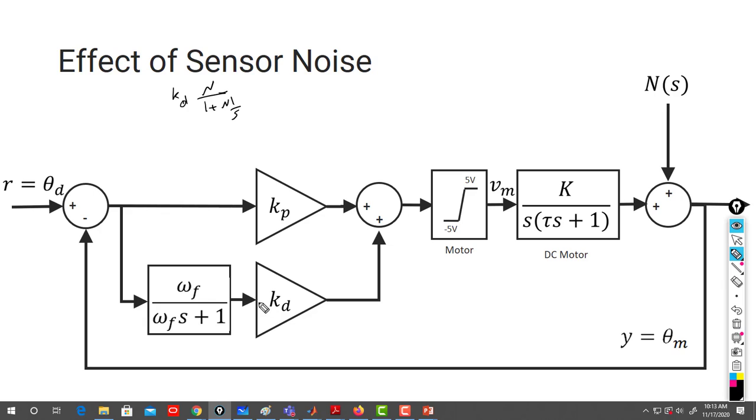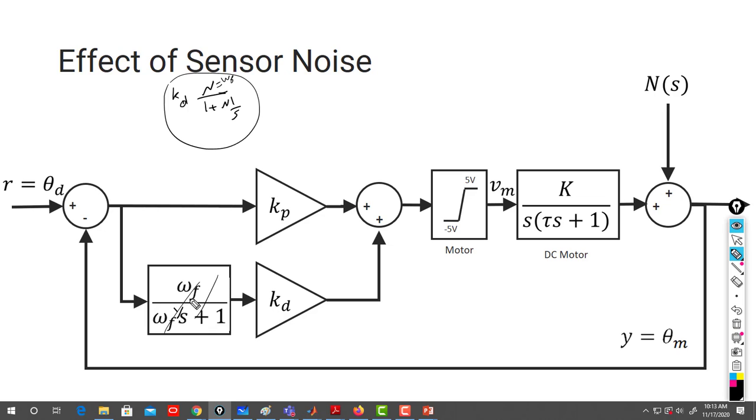So this is KD, omega F over 1 plus omega F times 1 over S. According to the analogy we did before, this N is omega F, the cut-off frequency of your filter. They forgot to draw it this way, but anyway, pay attention to it.